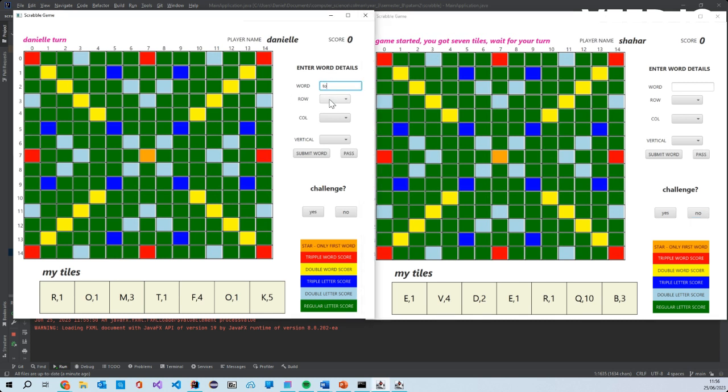On the left, the host enters a word and its details. The word was found in the dictionary, the host got points for it, and the word was entered to both players' boards.